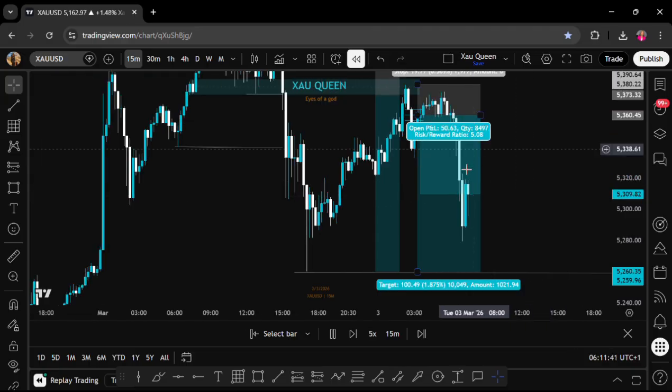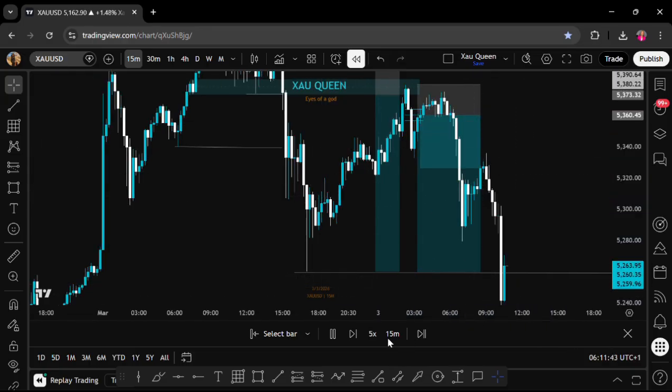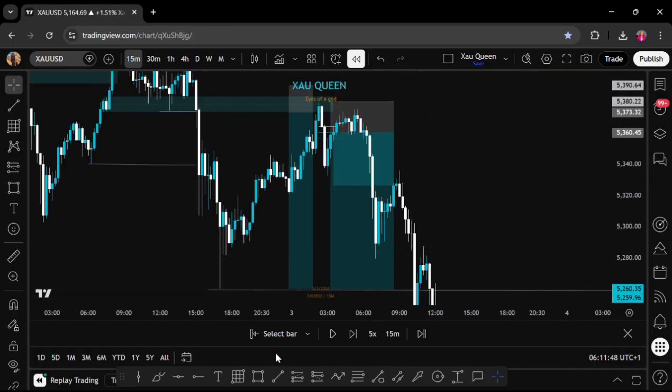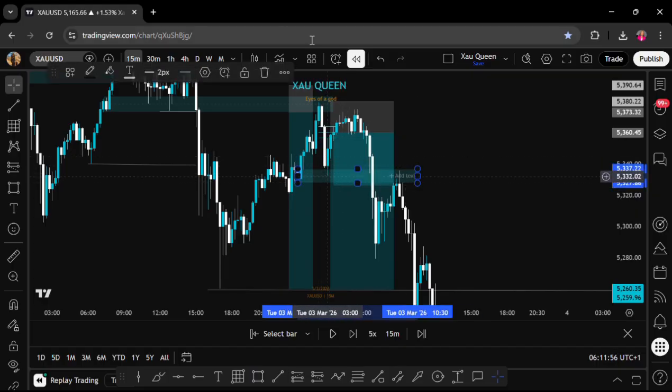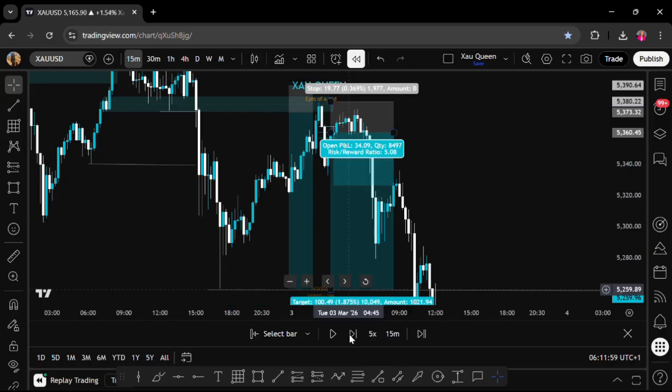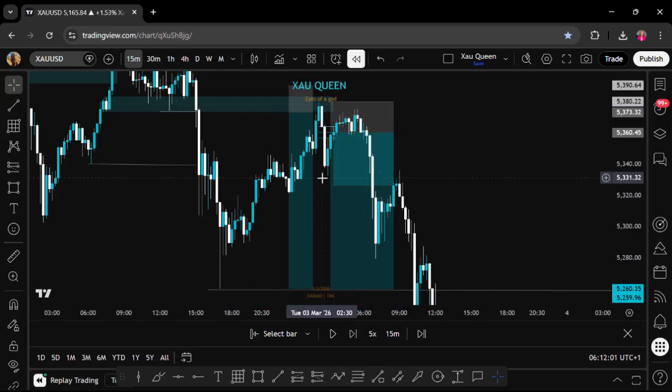I almost thought I lost this one, but nah, price just moved aggressively. I also wanted to catch this one, but I felt like price will not respect it, and so I was using this guy. But eventually, price respected this guy. You already saw it again. This is multiple break.